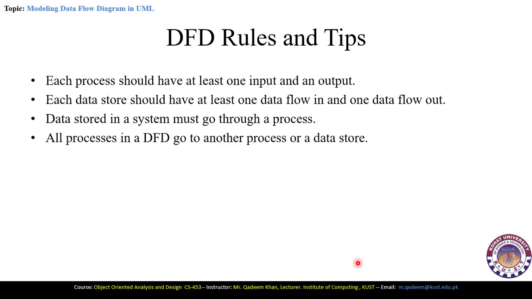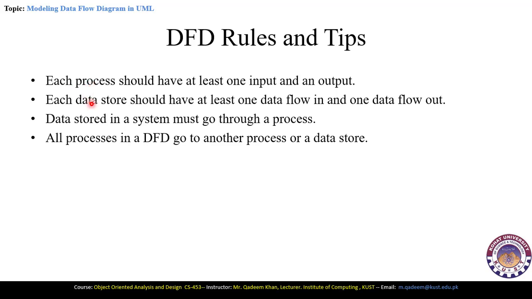Now to create the DFD, we have to follow certain rules and tips. The first rule is that we need to define each process with at least one input and one output. So there should be at least one input and one output for each process in the DFD.